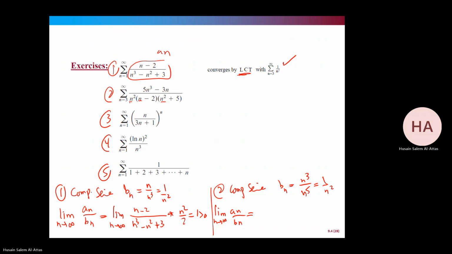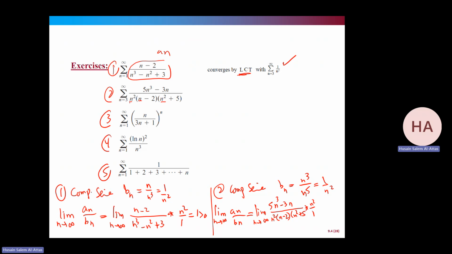That will be n squared over 1. That will be 1. So I have the limit as n goes to infinity of 5n cubed minus 3n over n cubed, n squared, n minus 2, n squared plus 5, times n squared over 1.